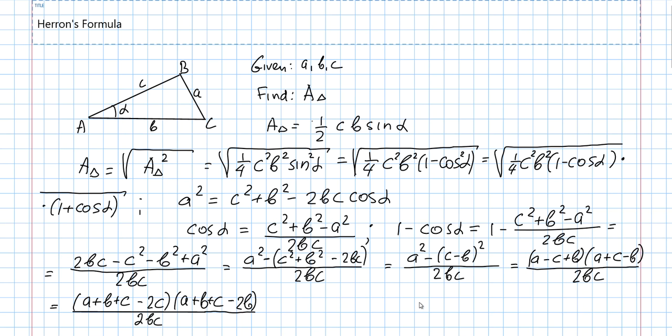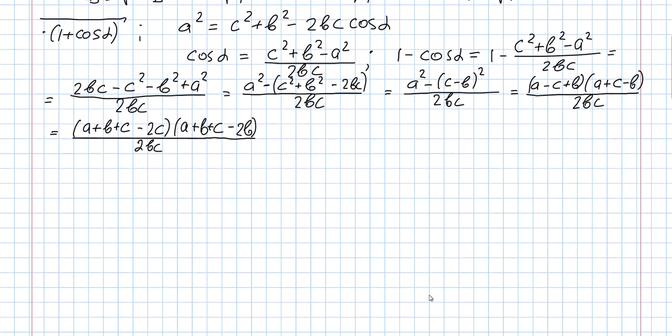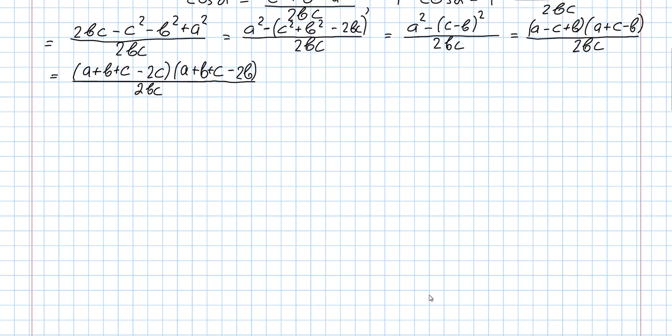So what I will do now, I will introduce a new variable. Let S equal (a plus b plus c) divided by 2, right? So S is my semi-perimeter.